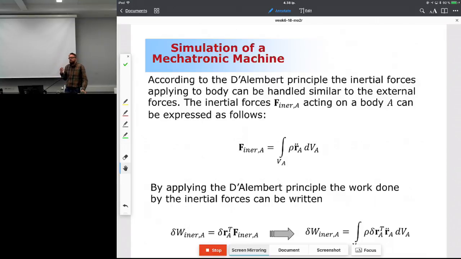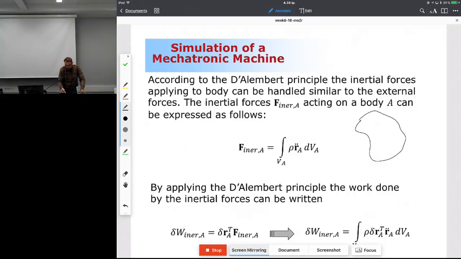Now, because we are dealing with particles, we cannot really express it simply as mass multiplied by acceleration, but instead we have to look at the density of each one of the particles within the boundary of the body. Say that we have here a potato-shaped body, and it's full of particles. It consists of an infinite number of particles, and we have to account for all of them in order to describe the inertia of this body.